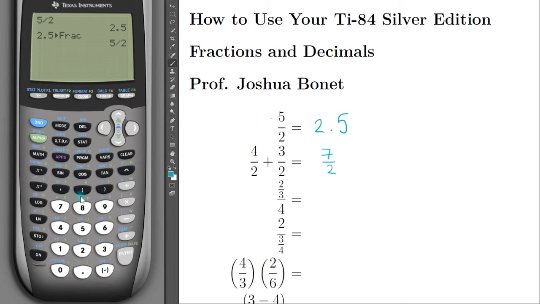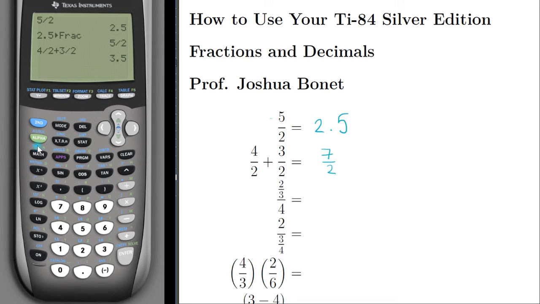Okay, so let me give you an example without the parentheses. So 4 divided by 2 plus 3 divided by 2 gives 3.5, which is correct. Notice that in this case, the parentheses weren't needed.